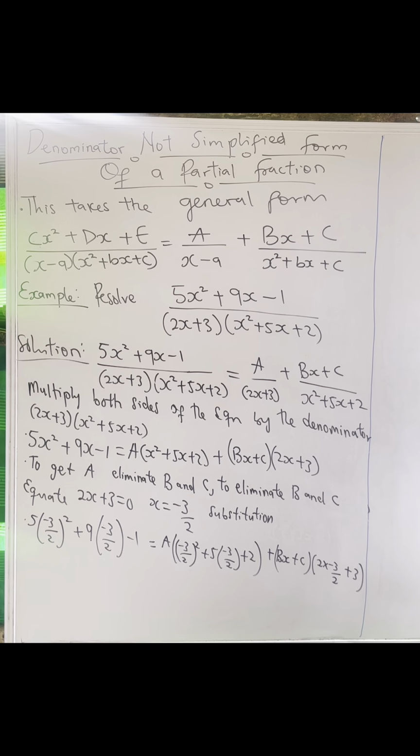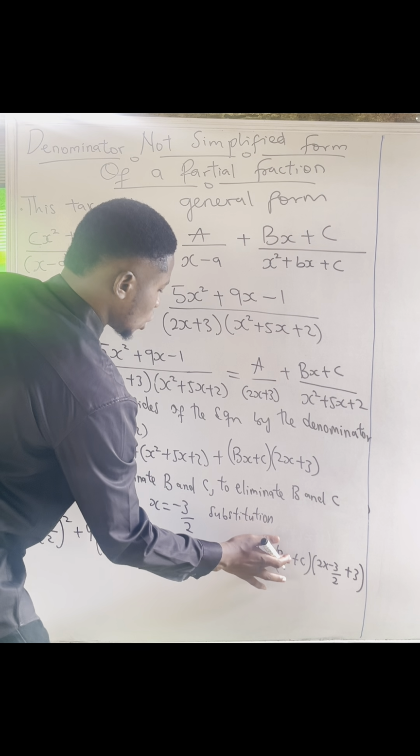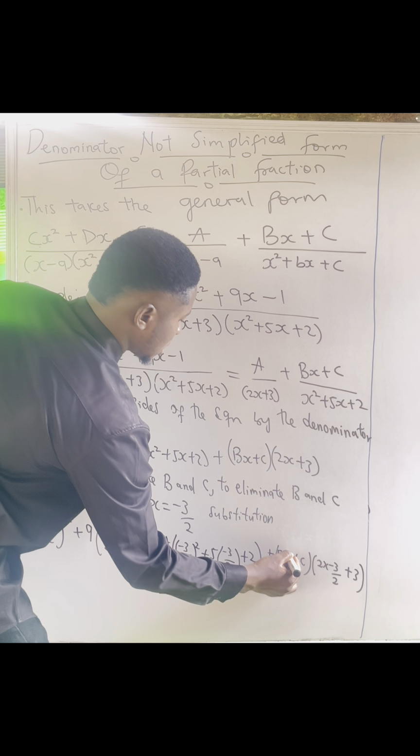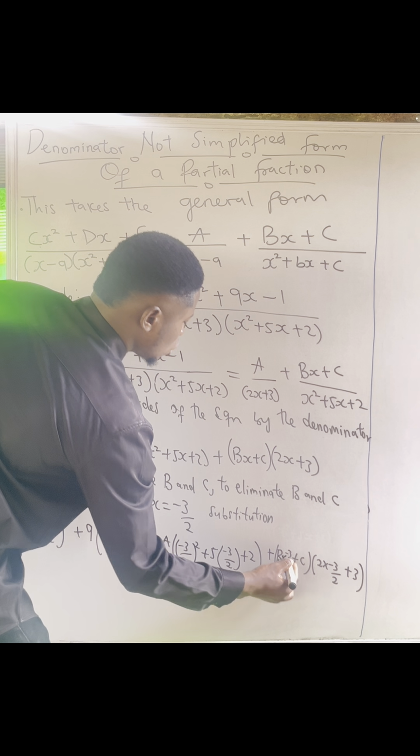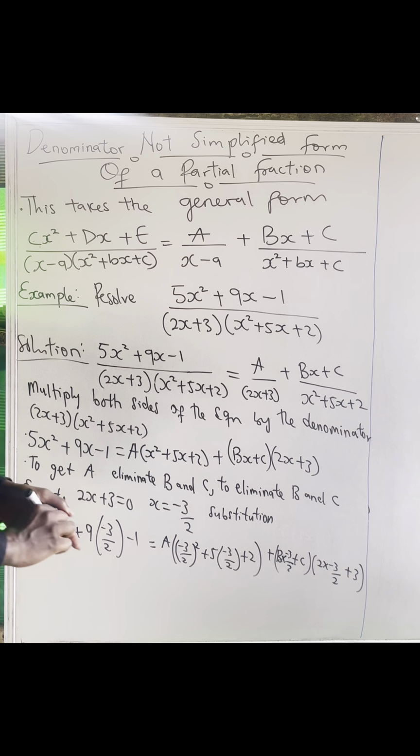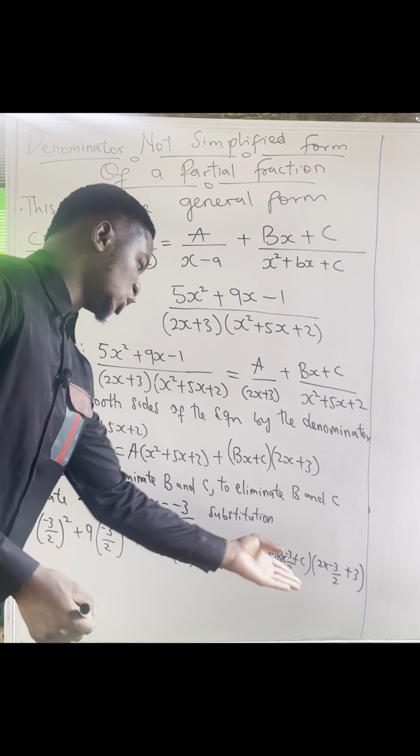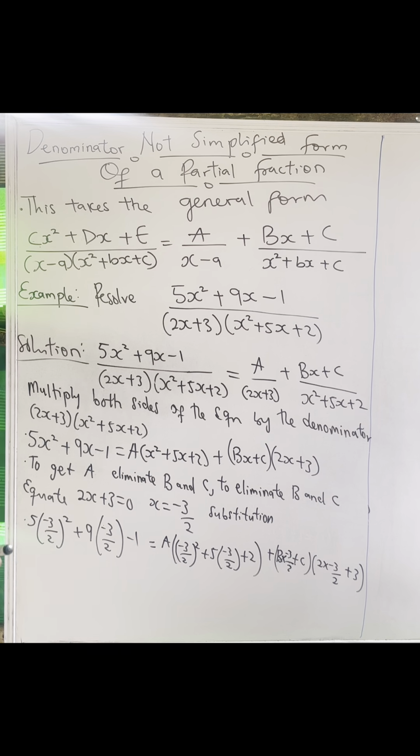So once I've substituted, x is here. So here I can also put it as times minus 3 over 2. So once I substituted the value of x into this expression, then I can do my further simplification. So I first simplify the bracket.